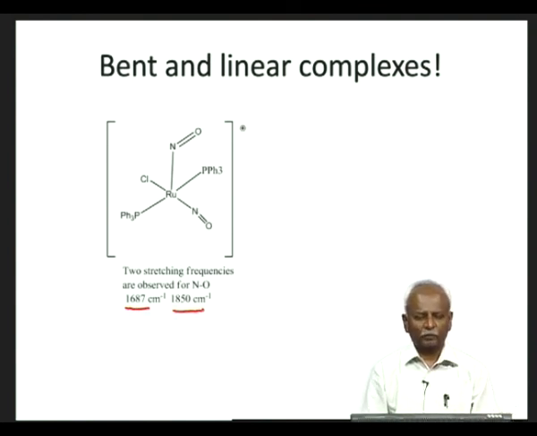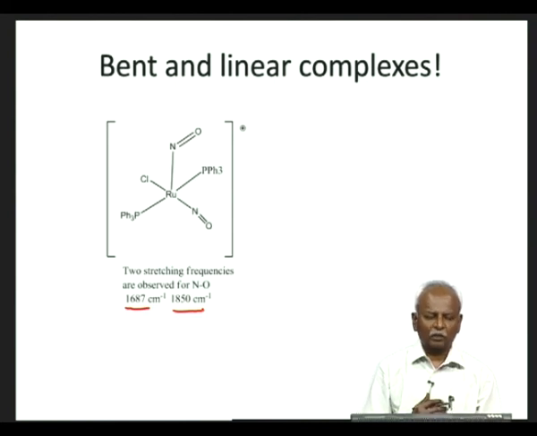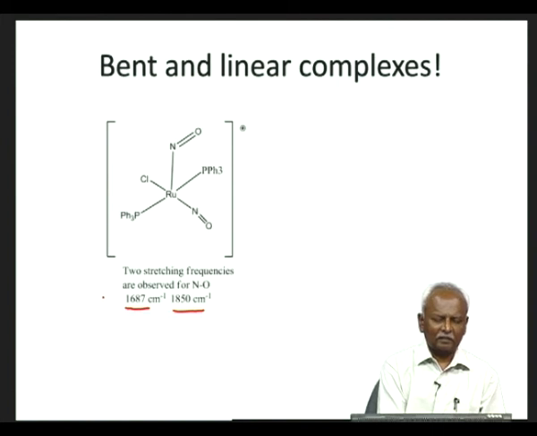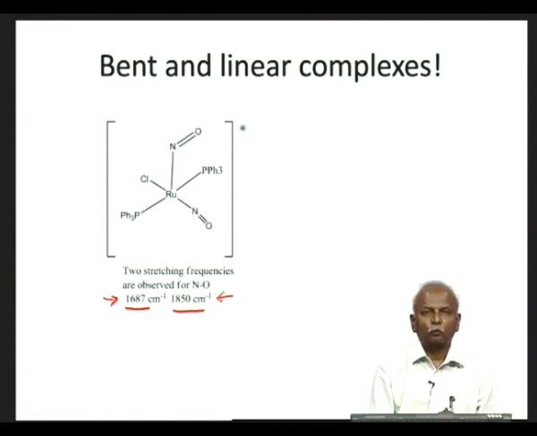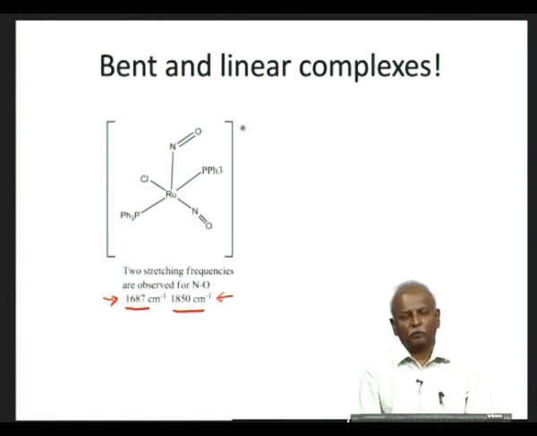One is close to what you would expect for a bent NO, that is 1687 cm^-1, and one stretching frequency is close to 1850 cm^-1, and that is what you would expect for a linear nitric oxide.